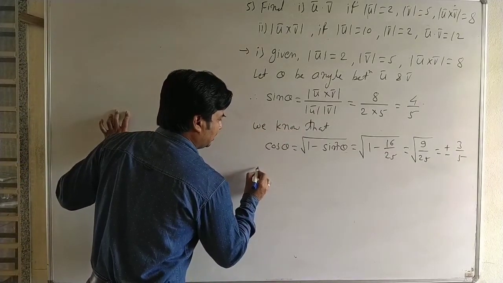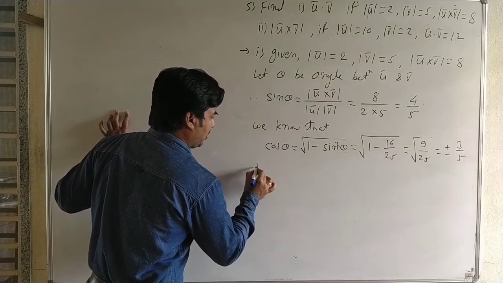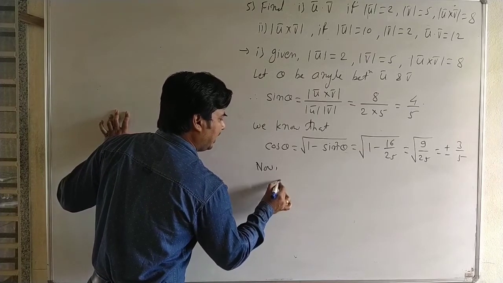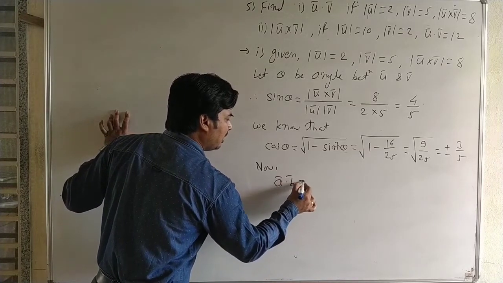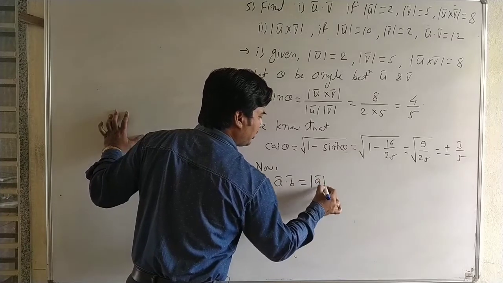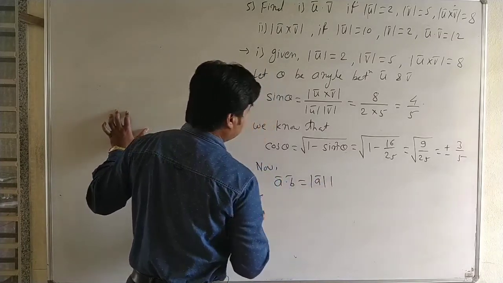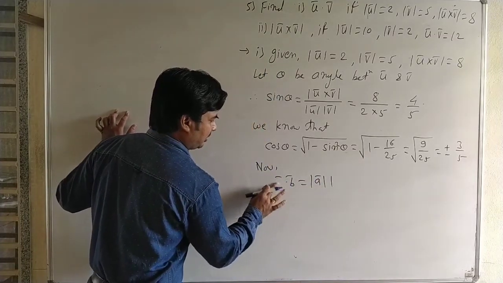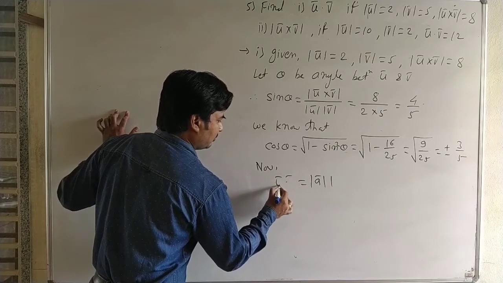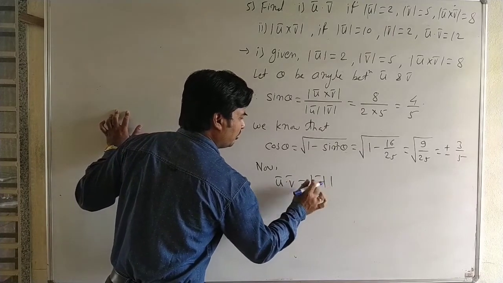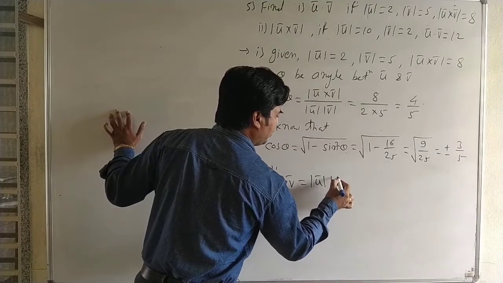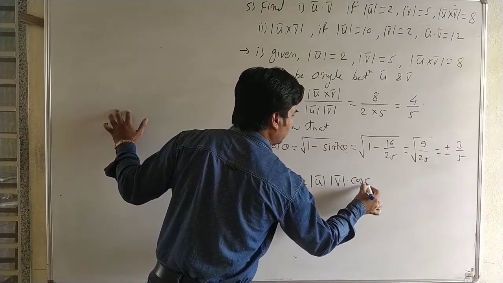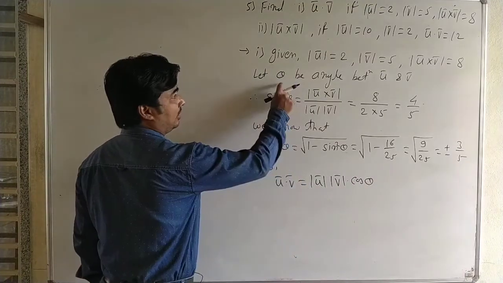Then by the definition of dot product, a bar dot b bar is equal to magnitude of a bar into... sorry, here we want to find u bar dot phi bar. U bar dot phi bar is equal to magnitude of u bar, magnitude of phi bar into cos theta, where theta is the angle between u bar and phi bar.